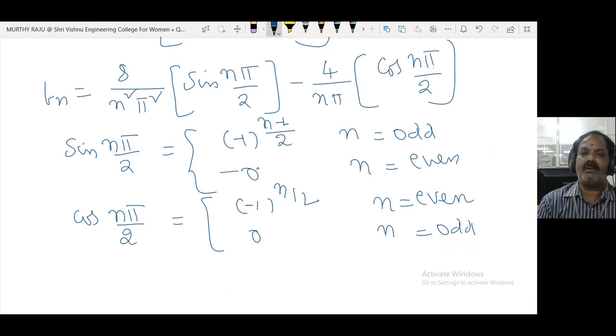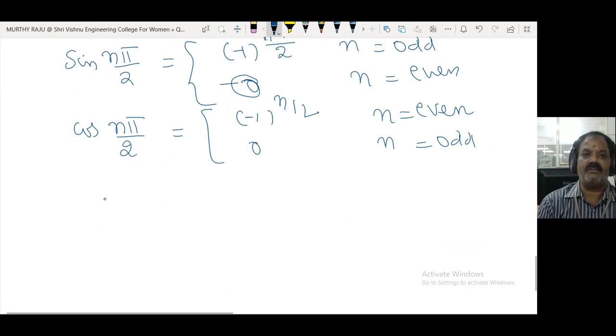Here sin n pi by 2, n is odd. Suppose n is equal to 3, 3 minus 1 by 2, 3 minus 1 means 2 by 2, that is 1, minus 1. Sin 3 pi by 2 is not 0.